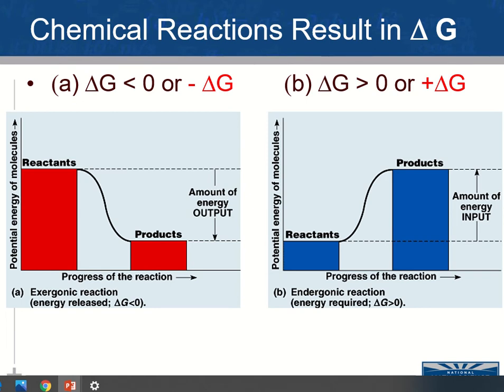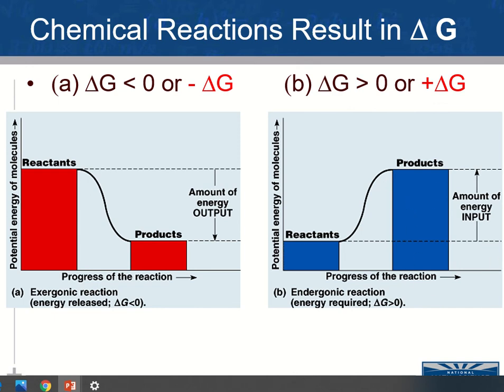The difference in free energy of the products and the reactants represents the amount of free energy that is released. In the second example, the initial state has less energy than the final state. And so in this case, we have a positive delta G, and the amount that it's positive is the difference between the reactants and products.